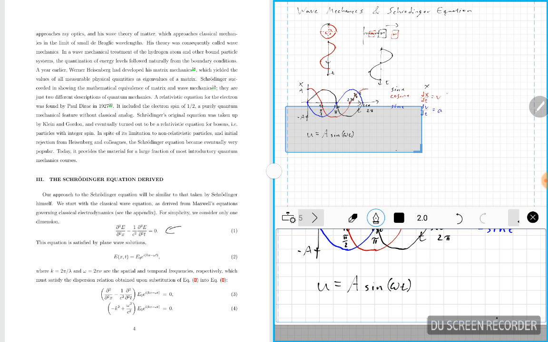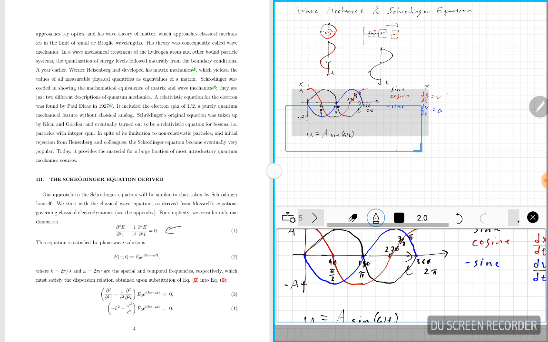So I'm going to say there's a specific frequency T.